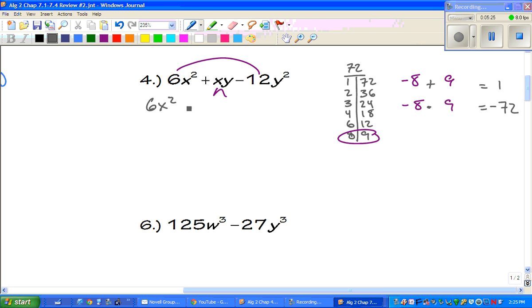So we get 6x squared, not plus 8x, minus 8xy plus 9xy minus 12y squared. Okay, we draw the line and then take out the GCF. The GCF from the front is 2x, and the back, it's actually 3y.